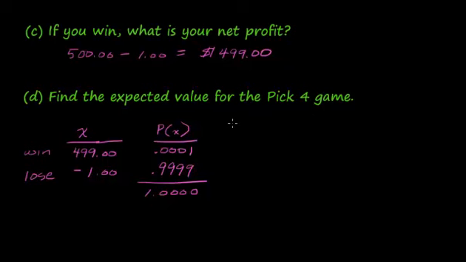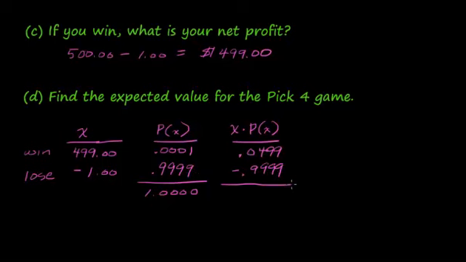Okay, so to find expected value, we want to sum the x times the p of x. Okay, multiplying 499 times 0.0001, we get 0.0499. And here, negative 1 times 0.9999, negative 0.9999.